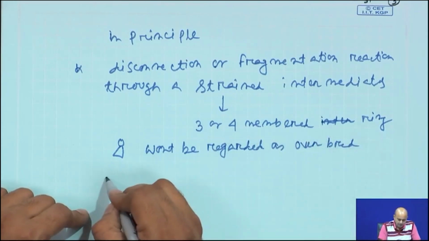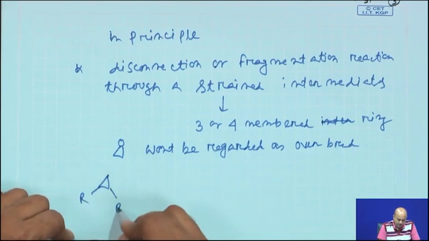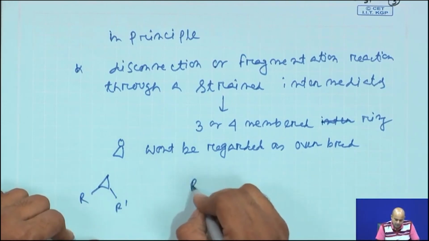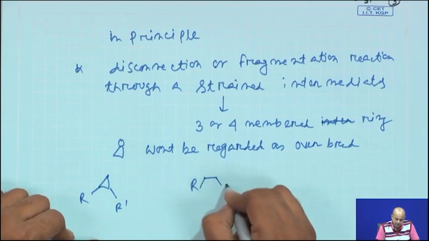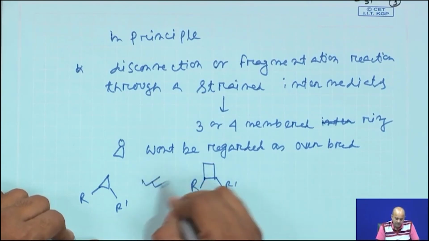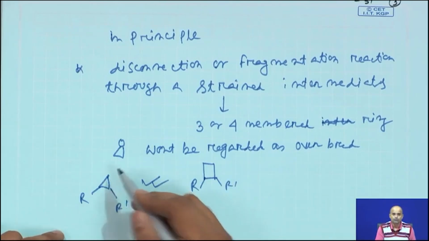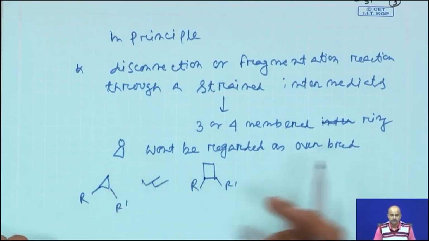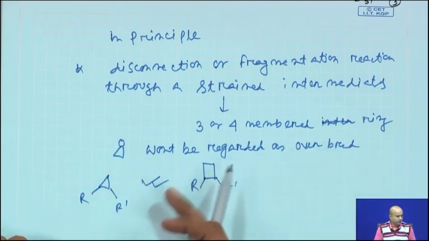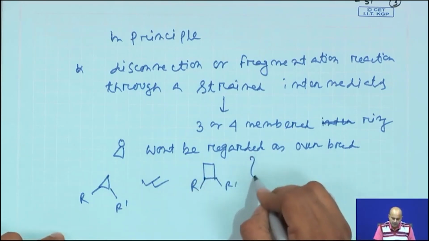But if you have a cyclopropane, like this kind of cyclopropane, or a cyclobutane, they will be regarded as overbred intermediates. In addition, if you have some extra groups which facilitate the ring opening, these are also very useful guidelines.